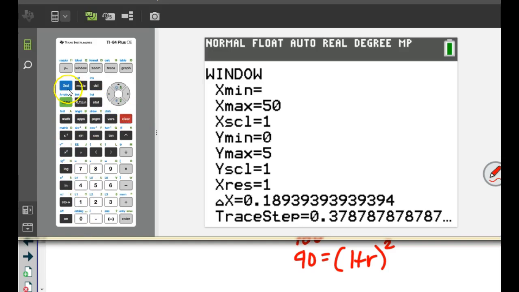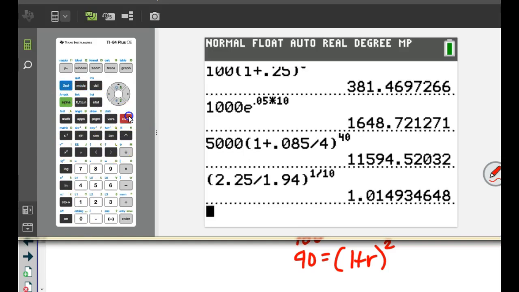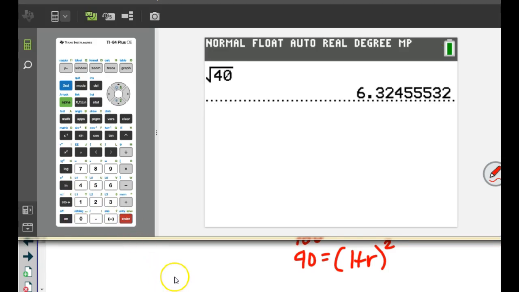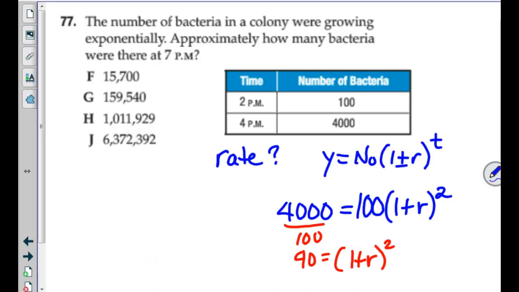Okay. Square root of 40. Okay, 6.324. Then what are we supposed to do? Yeah, 6.32 equals 1 plus r. If we subtract a 1, we have 5.32.